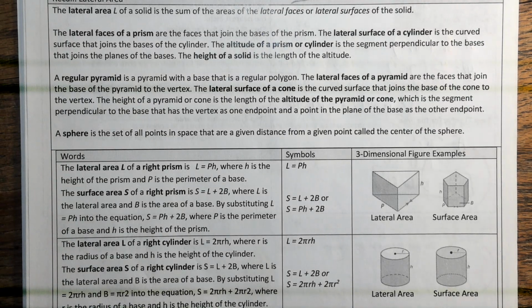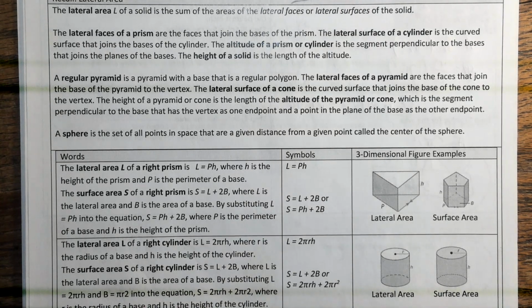I mean, an ice cream cone, well, a cone in my world of geometry, has a point at one end and a circular base. So the curved surface that joins the base of the cone to the vertex, that's the lateral area. So it doesn't include the circle part of it. It just includes the cone part of it. For surface area, in a minute, it'll include that.